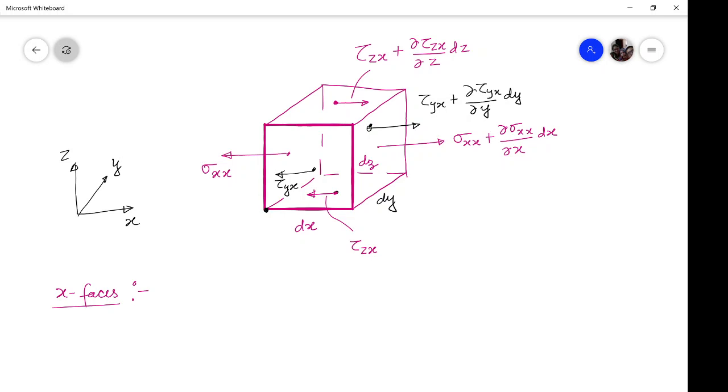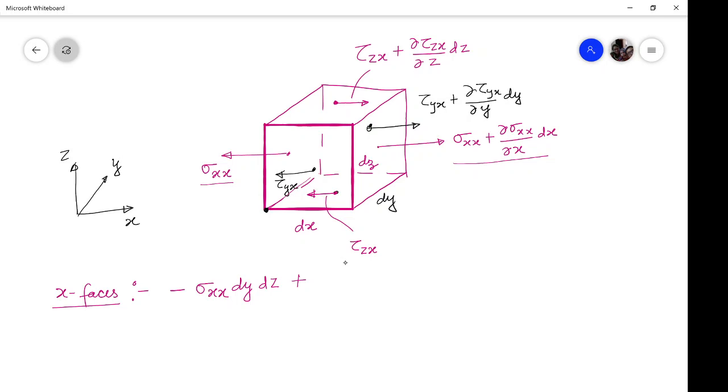This is sigma xx acting in the negative direction, and the area on which this is acting will be equal to dy times dz.